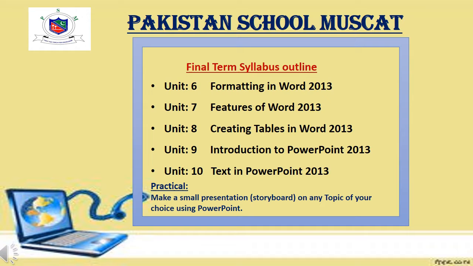And we have done Unit number 6. Hope all of you have done notebook work in your notebook and book work as well. Now we just start chapter number 7, Features of Word 2013.